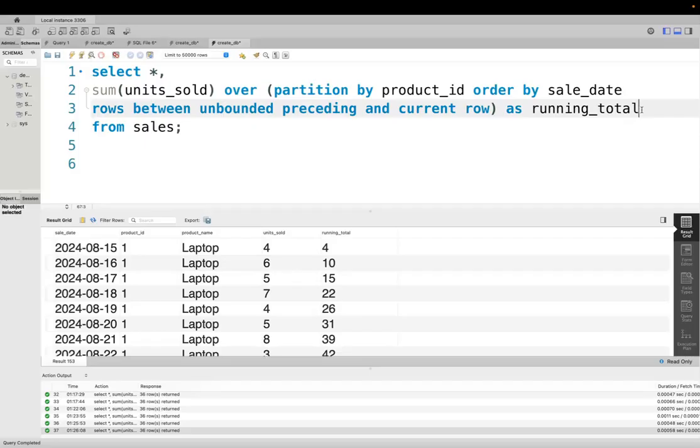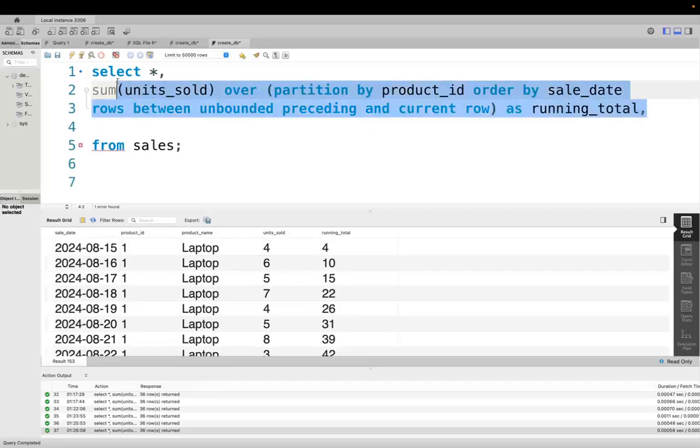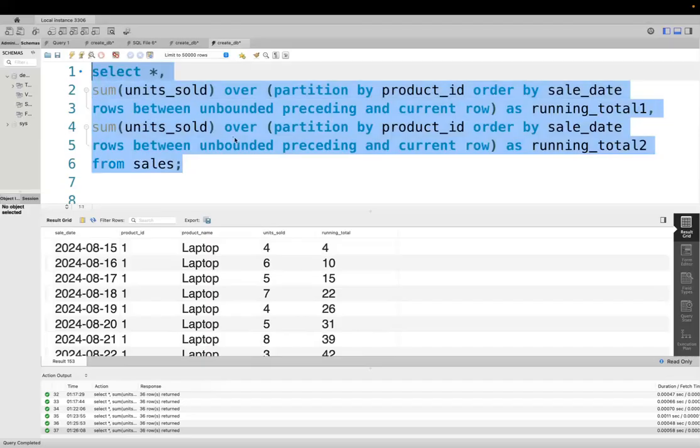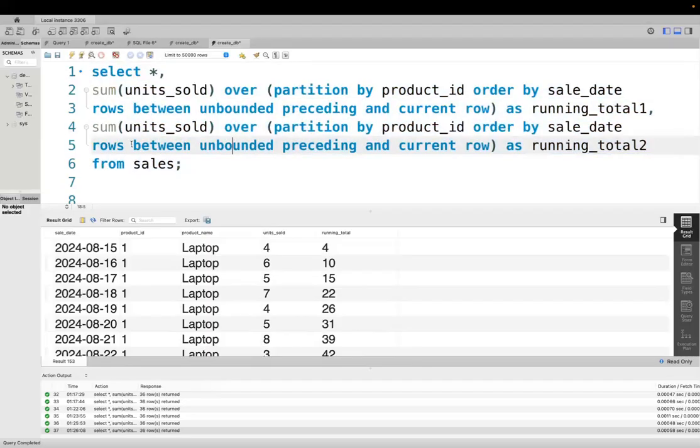Now what I do, let's say I give a comma and make a copy of it. Sum of units sold as running total 2, running total 1, right? And now let's see. Sorry, I will remove this rows between part.